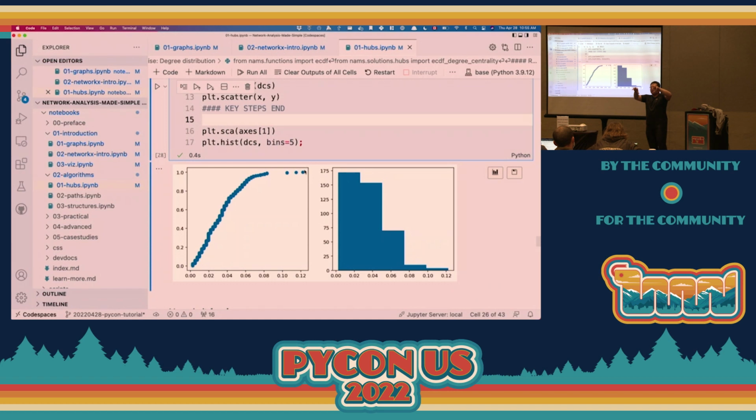Now, for every subsequent node that you introduce into the graph, you can draw a biased coin flip that says it should be attached to something that already has an edge versus something that does not have an edge already, right? So that will give a different distribution of degree centralities on the graph.